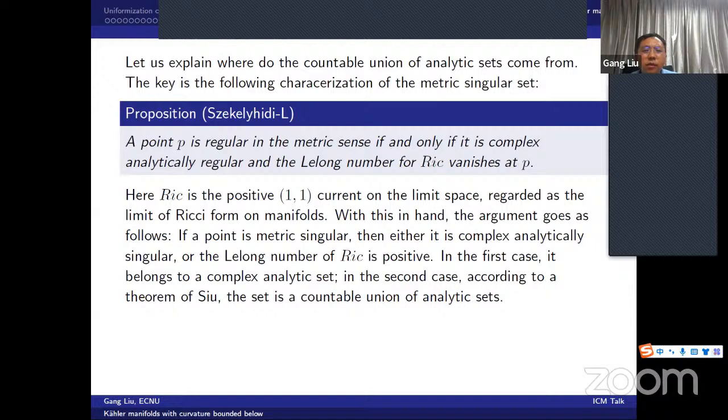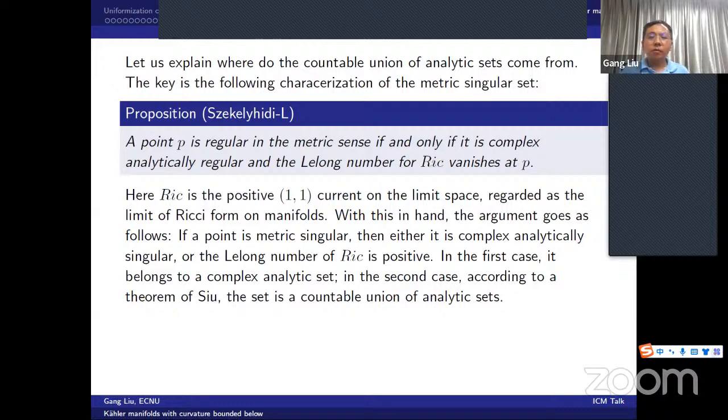But this is insufficient. The second condition is that the Lelong number of Ricci vanishes. Here, Ricci is a positive (1,1) current on the limit space, regarded as a limit of Ricci forms of the manifolds.